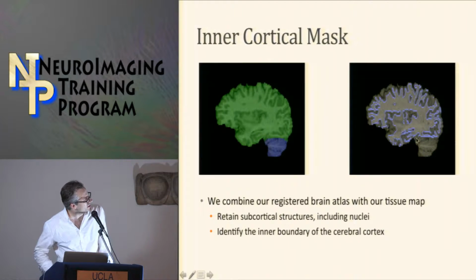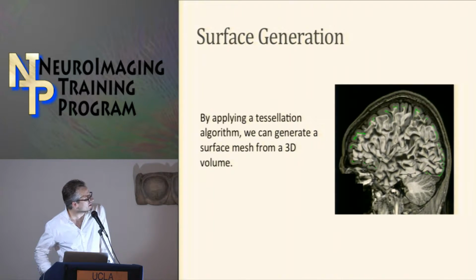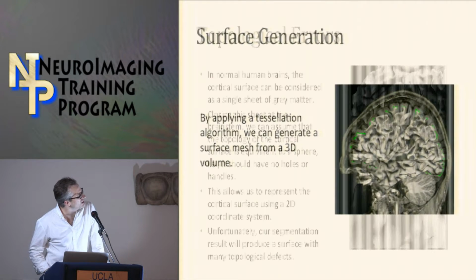This gives us an initial surface, but the problem if we just generate a surface from this is that the classification is imperfect, and the data resolution may not capture the shape well, so we wind up with topology errors.